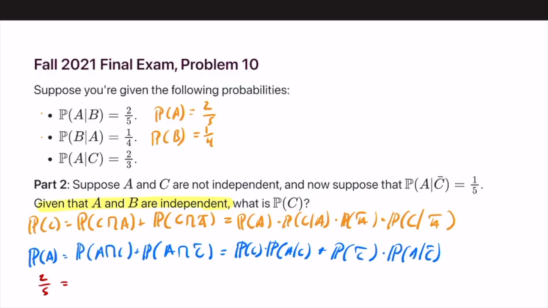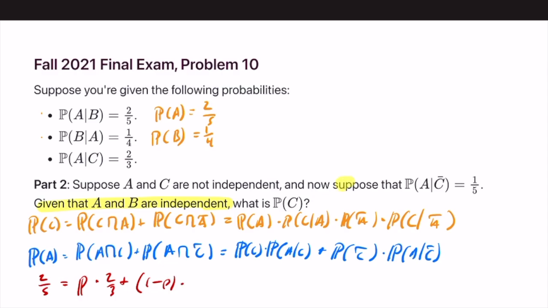So 2/5 equals, since those are independent, that would be 2/3. So the probability of A given C would be 2/3, times the probability of C, plus 1 minus P, because of the total probability, multiplied by the 1/5, which we know from the given.